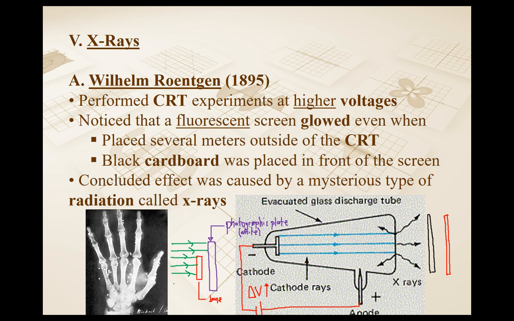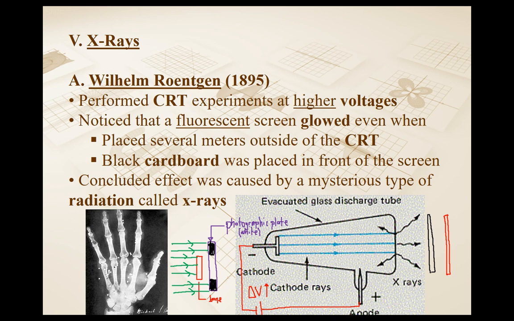So I'll draw it a few spots down. Let's get black here. So if the X-ray strikes the photographic plate, it causes it to turn black in color.